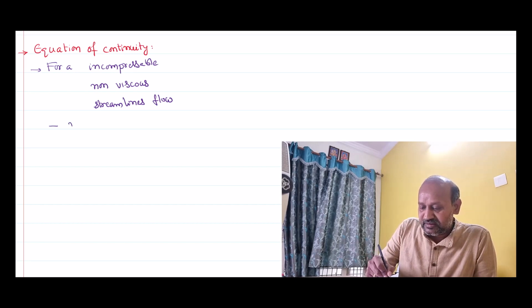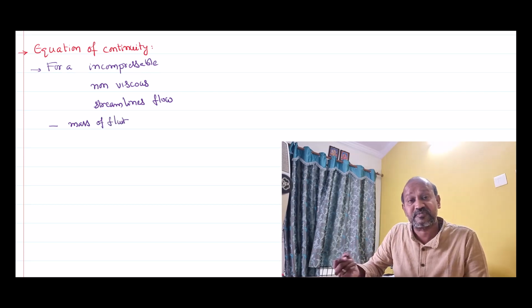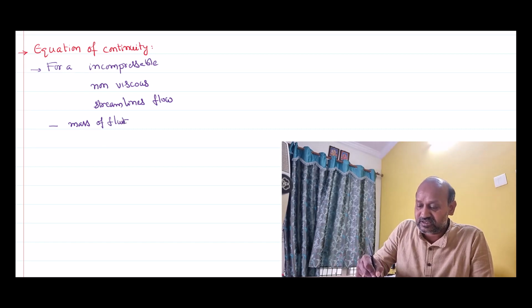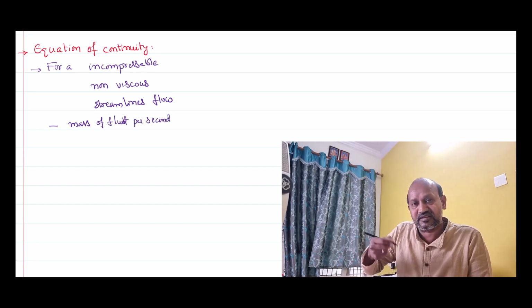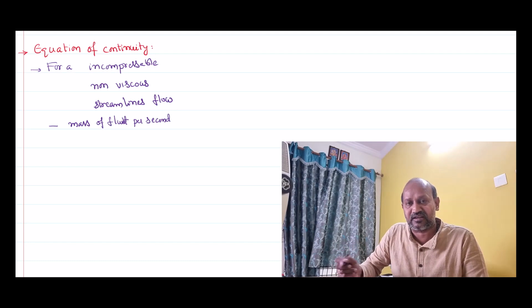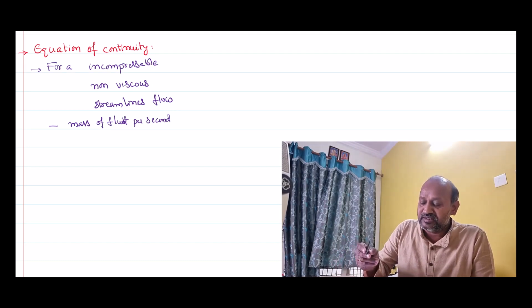the mass of the fluid that enters per second, or we can say the rate of the mass of the fluid that enters per second, whatever enters into a particular space, a particular system, is the mass that comes out of the system.